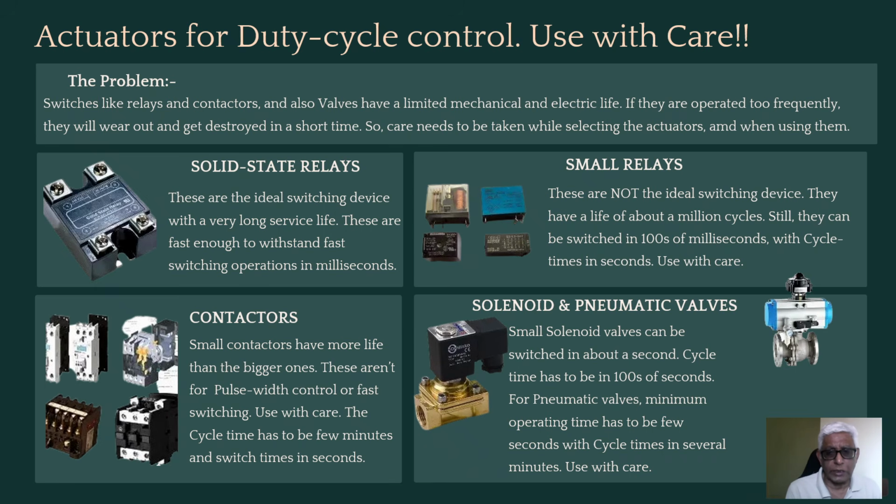Can have cycle time of 10 millisecond and then 0.1 millisecond minimum switch on time. These things can handle it with your DC. But AC, typically the solid state relays are zero crossing.